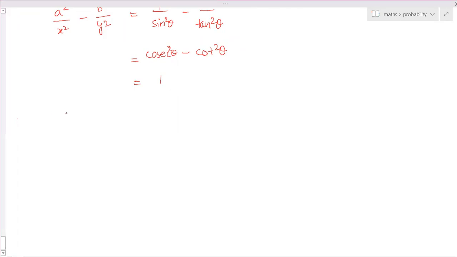So now, a very important one. If cos theta plus sin theta is equal to root 2 cos theta, prove that cos theta minus sin theta is equal to root 2 sin theta.